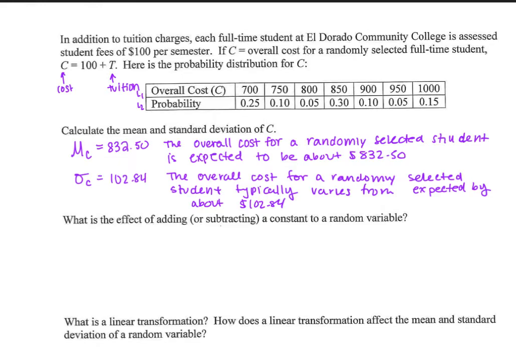The effect of adding or subtracting to a random variable only affects the mean. So the mean changes, but notice how the standard deviation stays the same. So especially if you don't have all the data, you only have the mean and standard deviation, you can apply these changes to the mean and standard deviation based on the type of transformation they want to make.